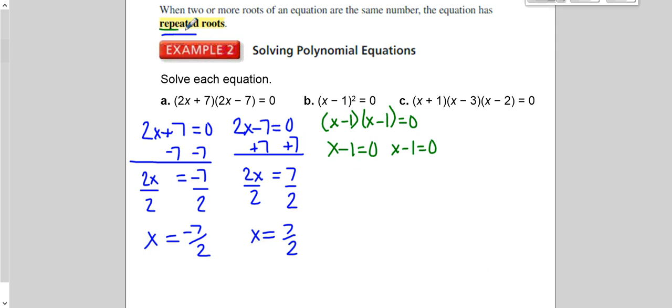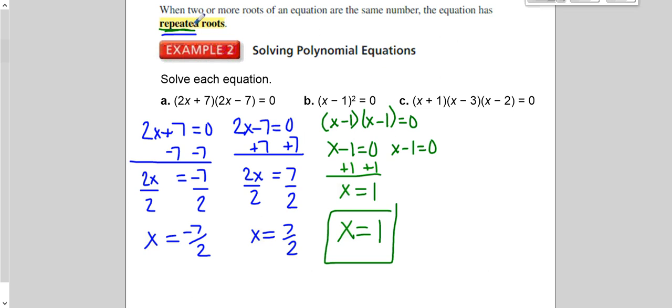This is a repeated root. Still need to solve for x. What's x going to be? X equals 1. So there's only one answer, but it's a double root or a repeated root.